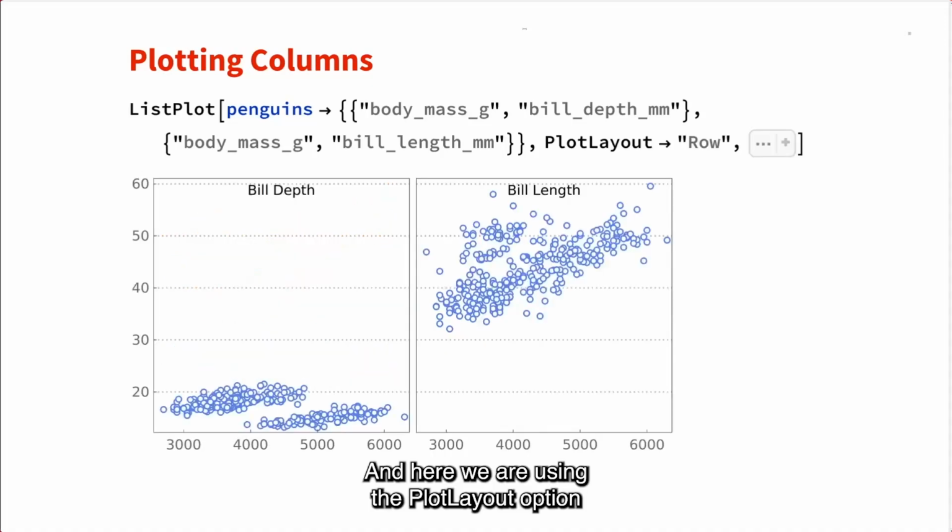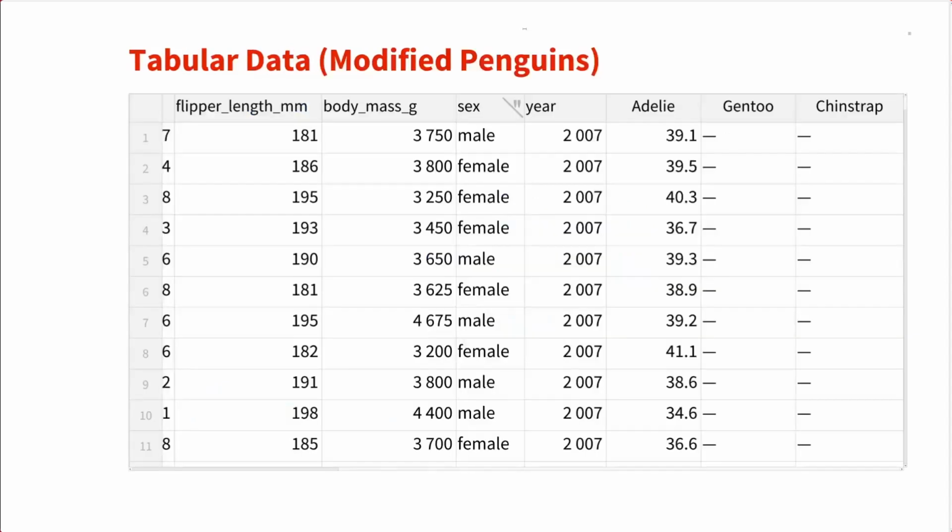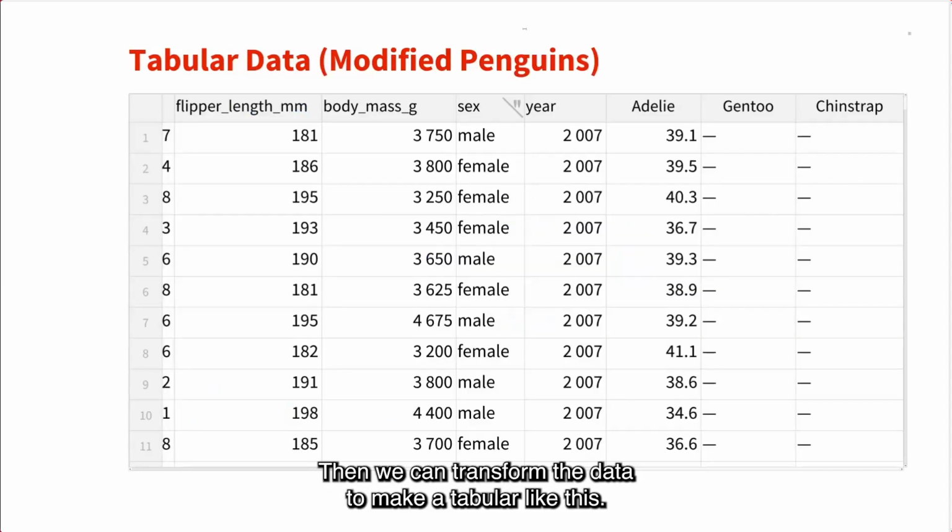And here we are using the plot layout option to split the groups into their separate plots. Now, suppose we want to visualize a different aspect of these data, and we want to plot the bill length of the different species. Then we can transform the data to make a tabular like this.